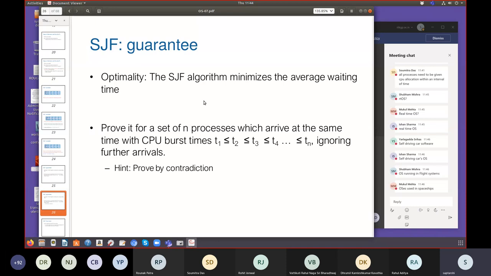You cannot say, oh, a long process came, therefore it was not scheduled. A command has been given, it has to be done within 1 millisecond. Otherwise, there will be some big damage to the car or to the flight. Medical devices too, maybe.